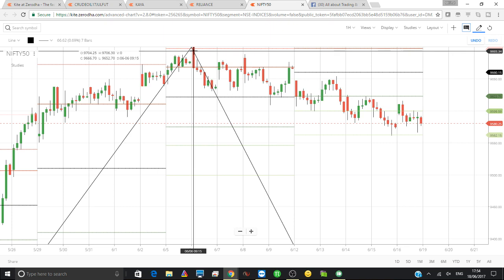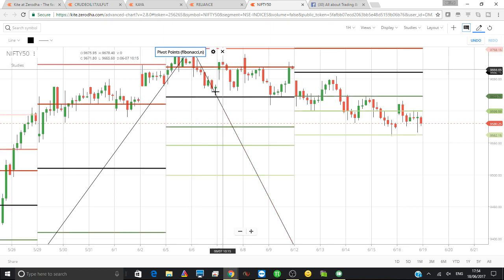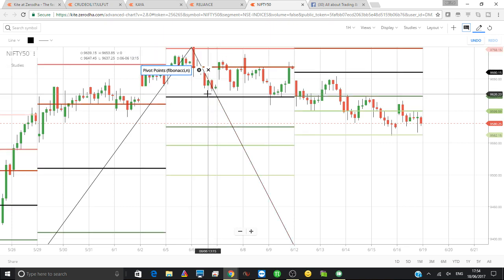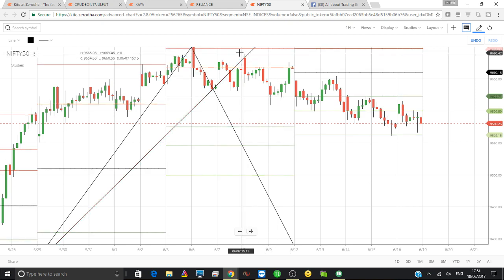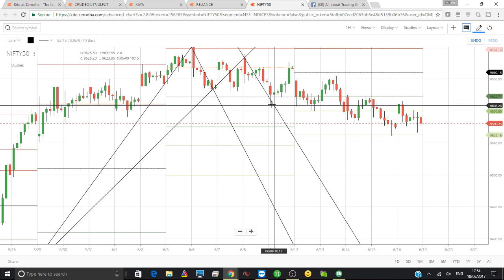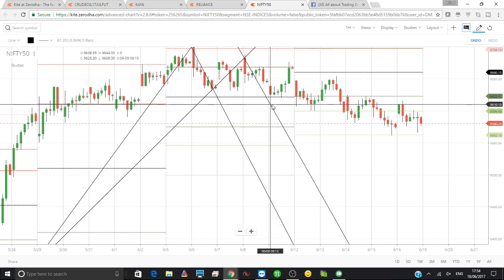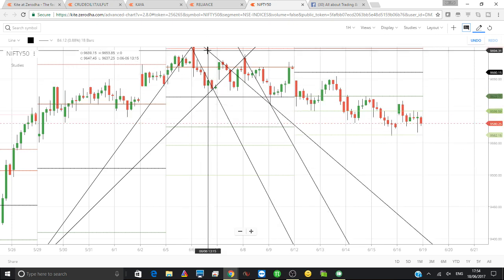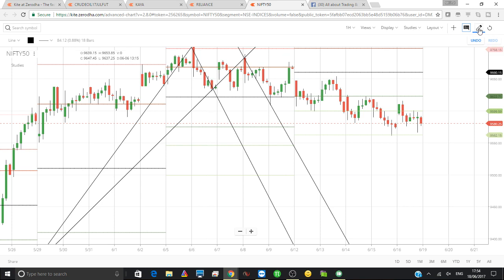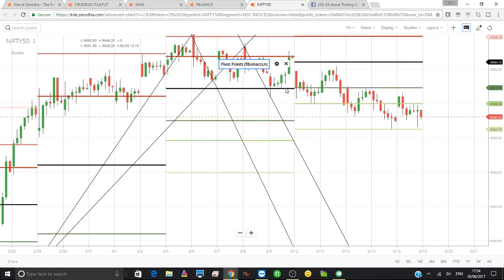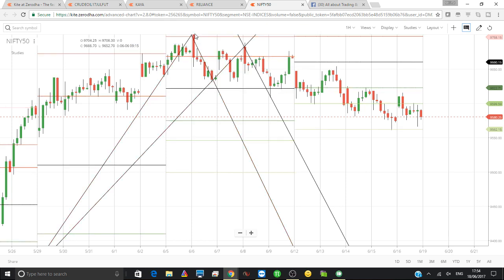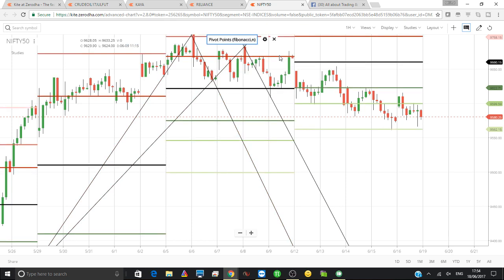This is one peak, and then this is another peak. Correct? So with these two peaks, you would see lower peak and then lower low. Once these things are done, you really want to be able to draw a new trend line.